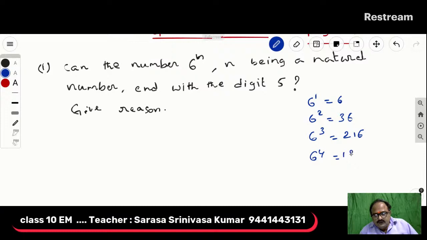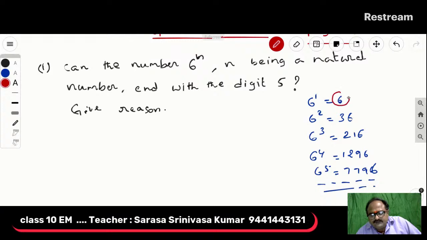This is 1296. 6 power 5 is equal to 7776 and so on. So if you observe this, you can find that 6 to the power of n ends with the digit 6 only. So it never ends with the digit 5.